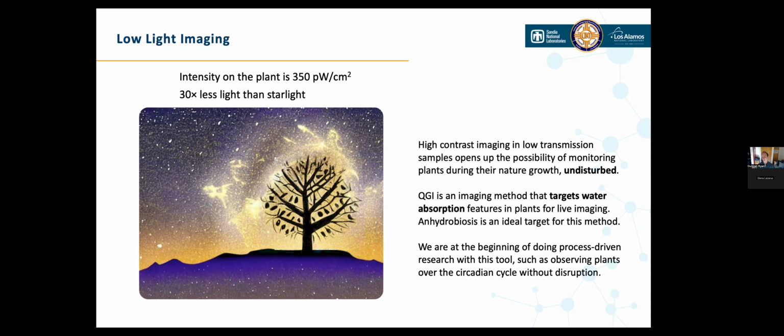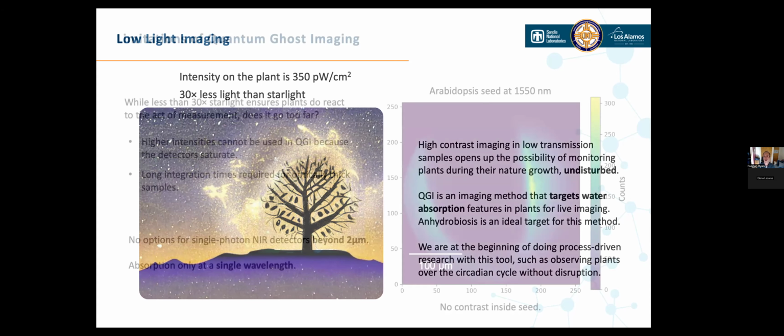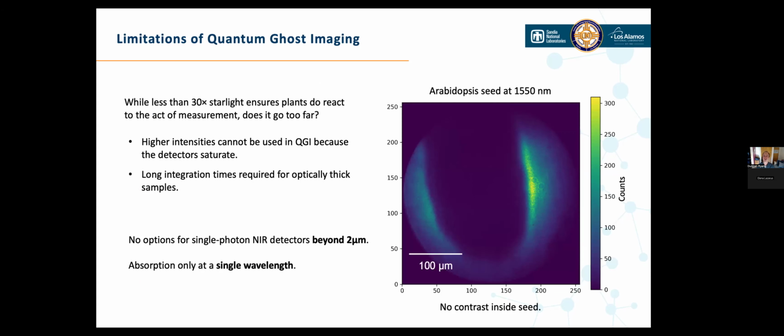It's looking at contrast between where is water and where is not water. And that's what these pictures really are: transmission focusing on that water absorption peak. So I think this is really a prime method to start looking at where these drought tolerant processes are going on in living plants.